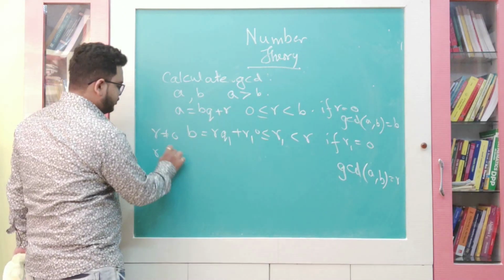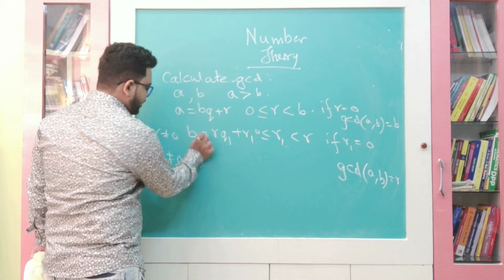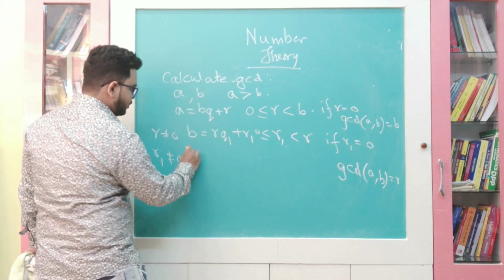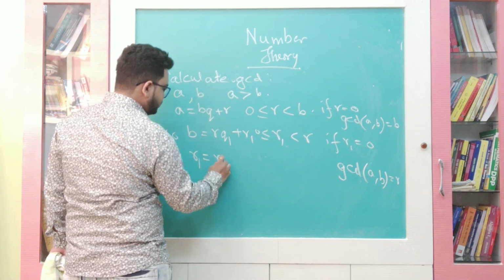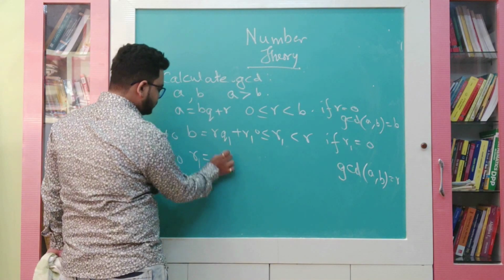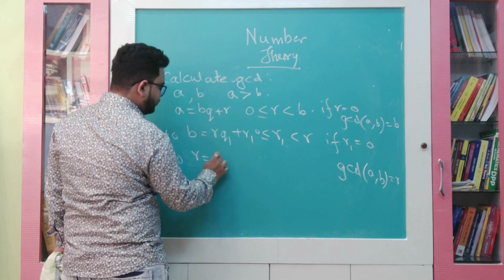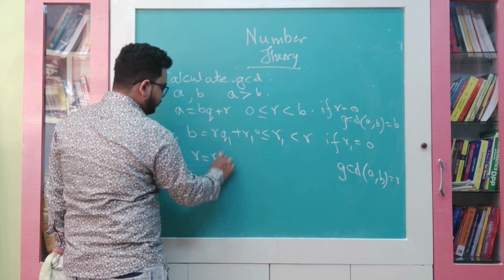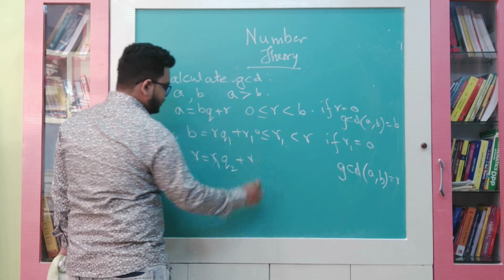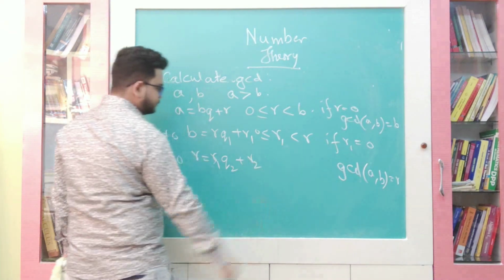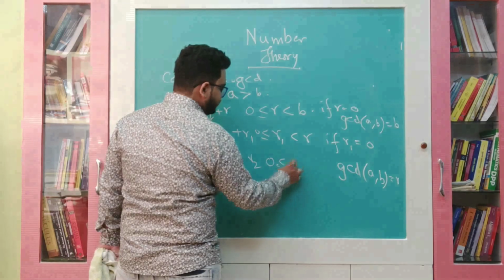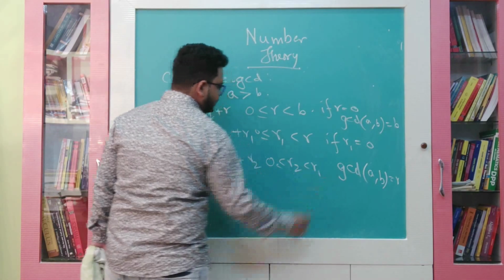If R1 not equals 0, then R equals R1 Q2 plus R2, where 0 is less than or equal to R2, which is less than R1.